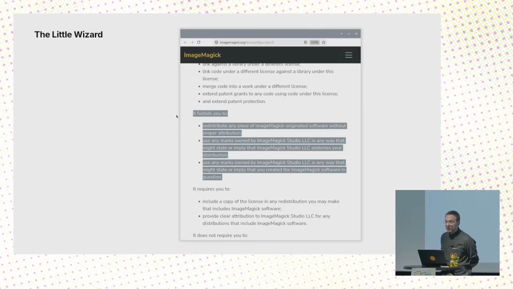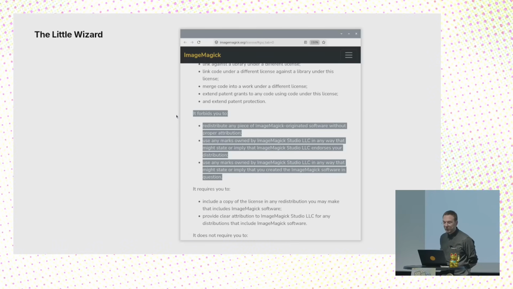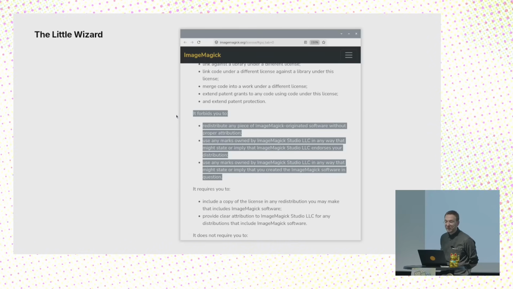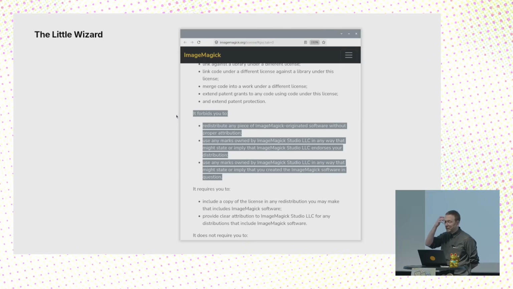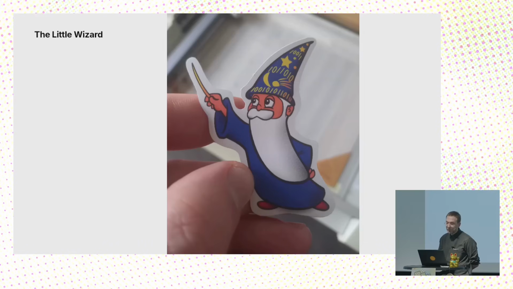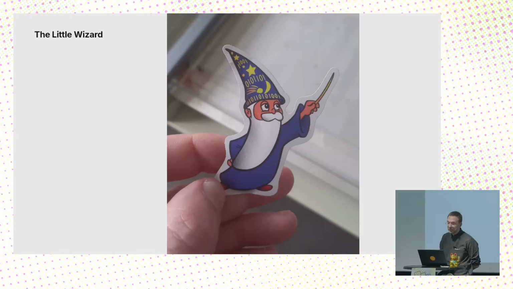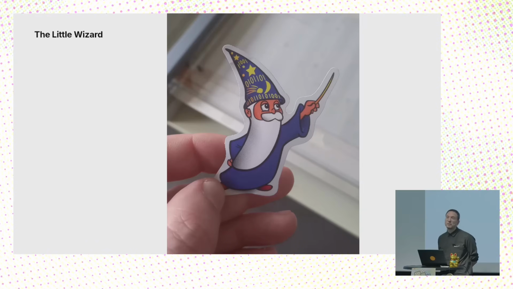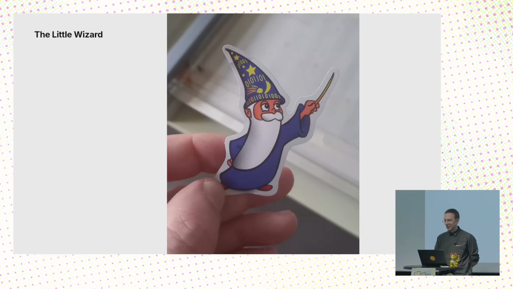After I was quite happy about this finding and started working with the little wizard, I was not so sure after some time. So if you have opinions or expertise, I'm happy to talk. Anyway, after I made the first sticker, I thought it would be nice to have also one that looks in the other direction. So here we go.